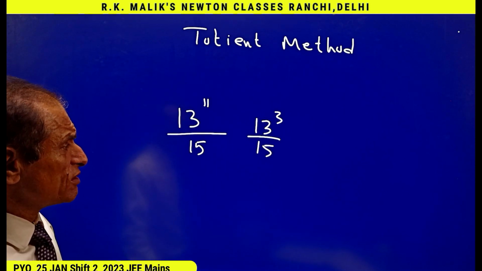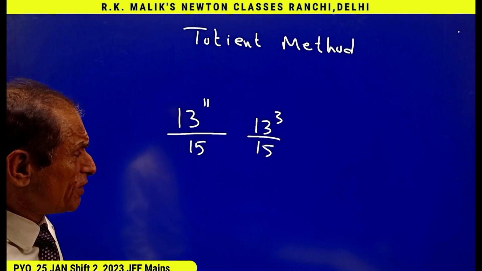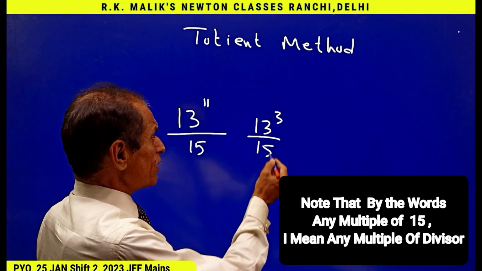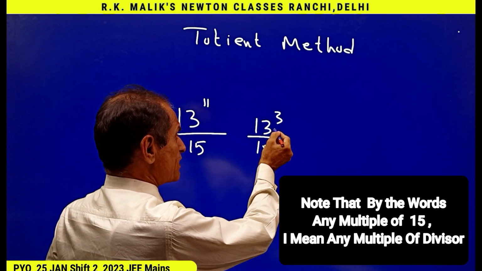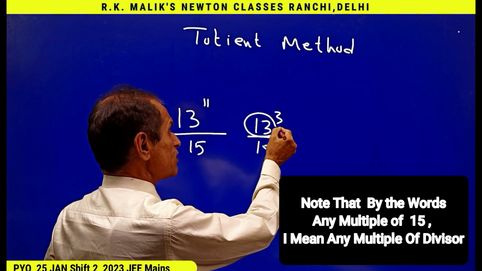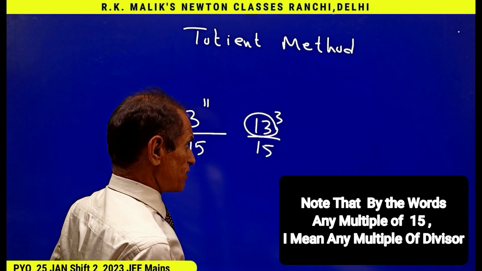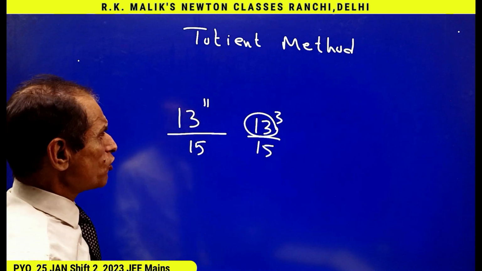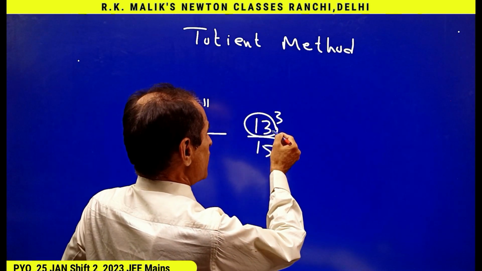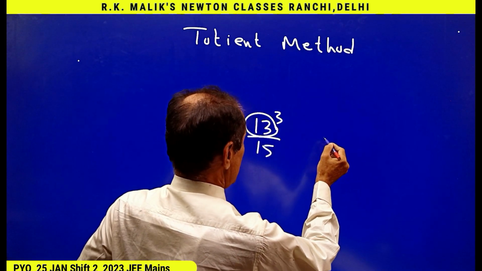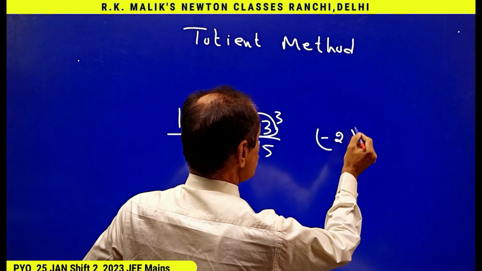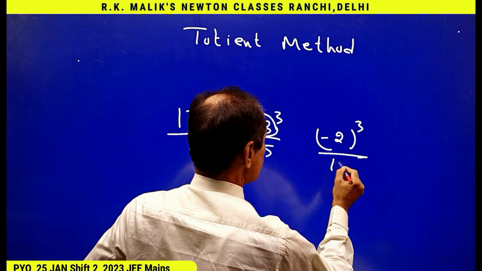Also remember that to find the remainder, you can add or subtract any multiple of 15 from this number. And now I subtract 15 from it. I get minus 2 to the power 3 upon 15.